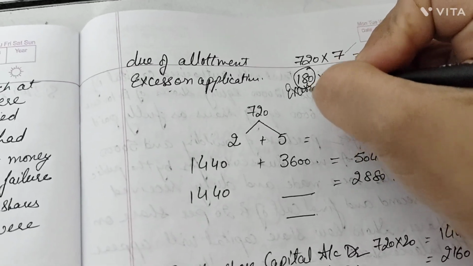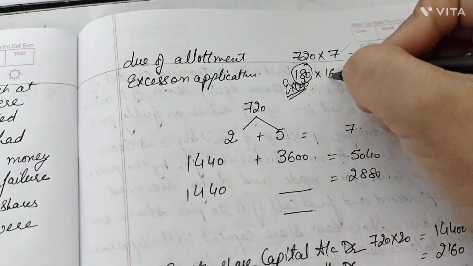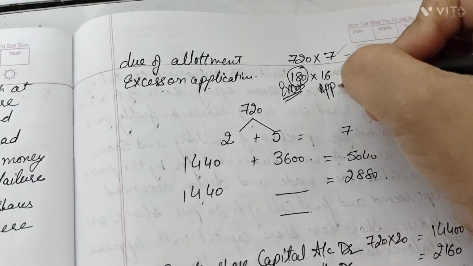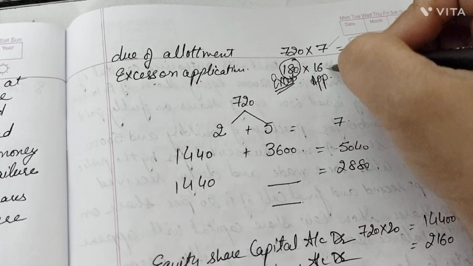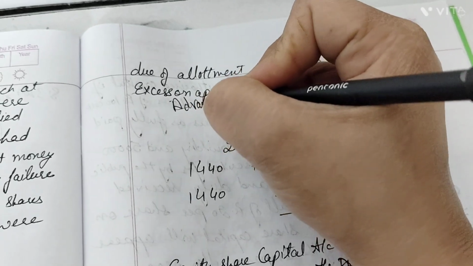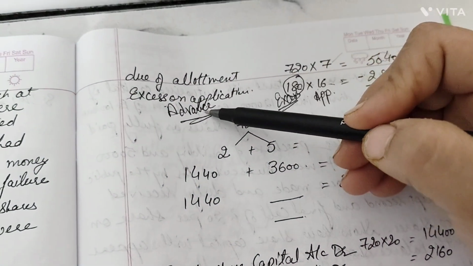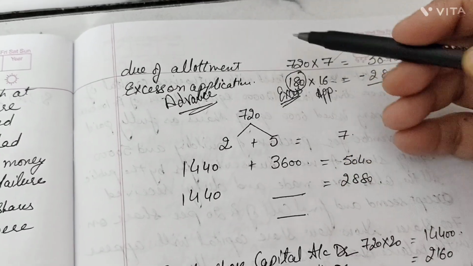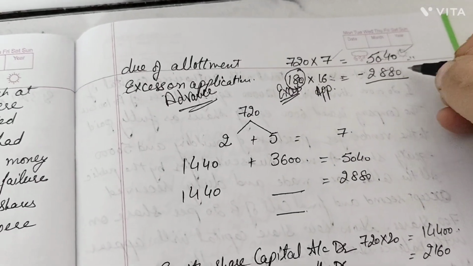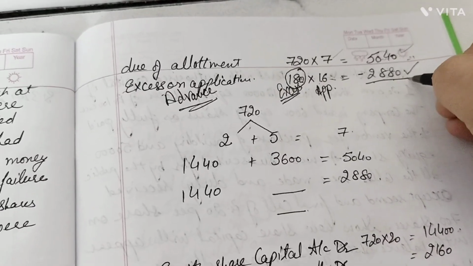For these shares, Deepak paid only the application money, so this was actually an advance paid by Deepak to the company. So the advance he paid on application for these excess shares is 16 rupees per share, so actually he paid 2880 rupees in advance.